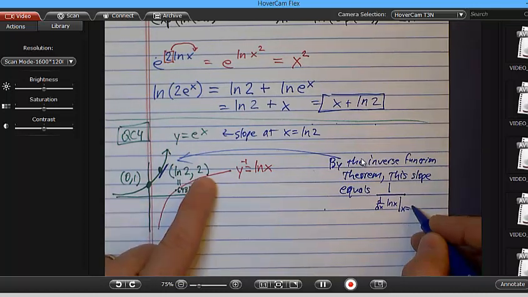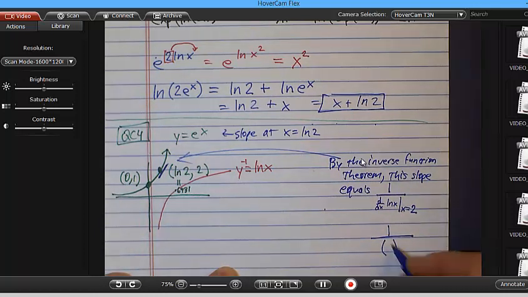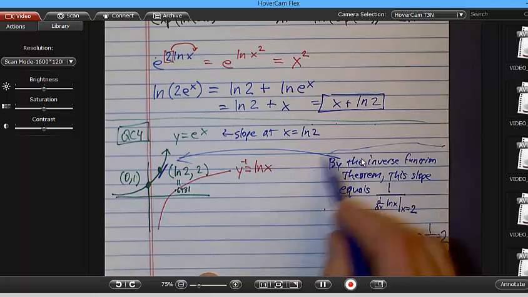You use 2. So let's work it out. We get 1 over, guys, what's the derivative of ln of x? 1 over x, evaluated at x equals 2. So that's 1 over 1 over 2, that's 2. So that's the inverse function way to do it.